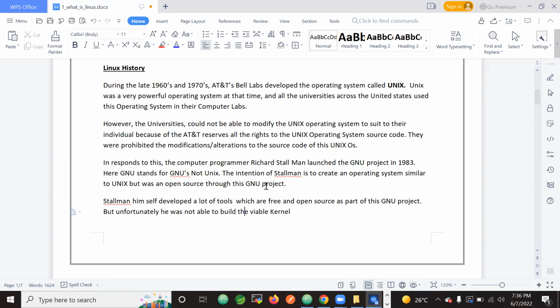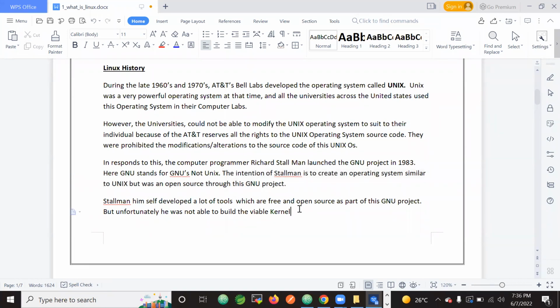His motto is to create an operating system similar to Unix, but open source. As part of this motto, he developed a lot of tools which are free and open source as part of the GNU project. But unfortunately, he was not able to build the suitable kernel.